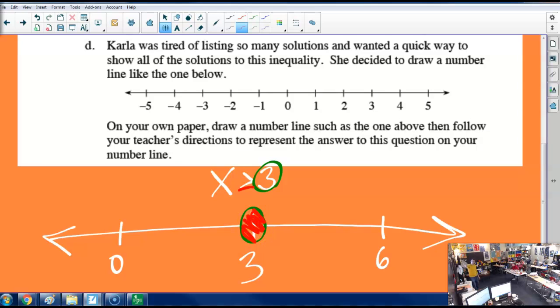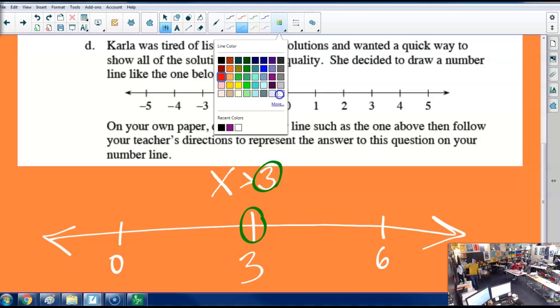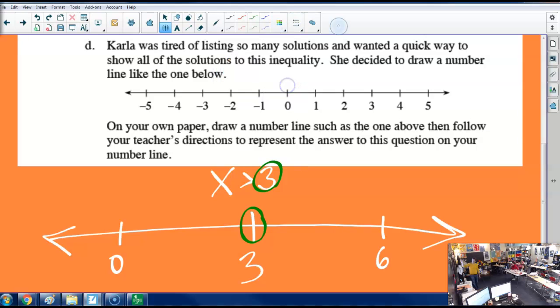But because we don't have the or equal to, we do not shade this circle. Does that make sense? X cannot be 3, but x can be anything bigger than 3. So since x is anything bigger than 3, we start our shading right against that circle, and we shade and put an arrow at the end of it to say, yeah, it's going to keep going. It's anything bigger than 3.